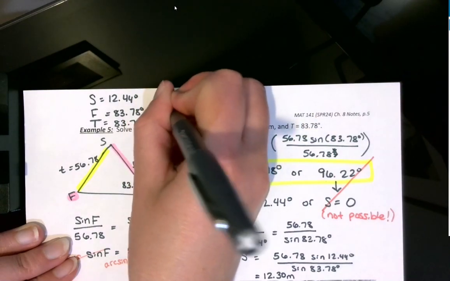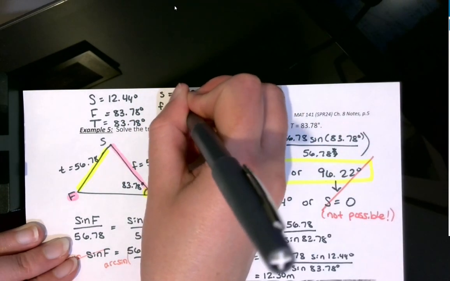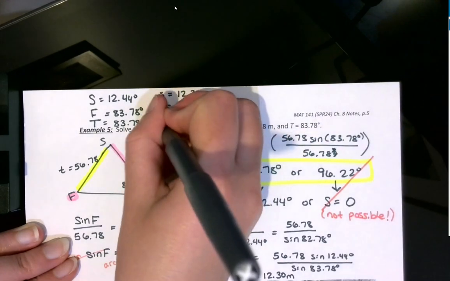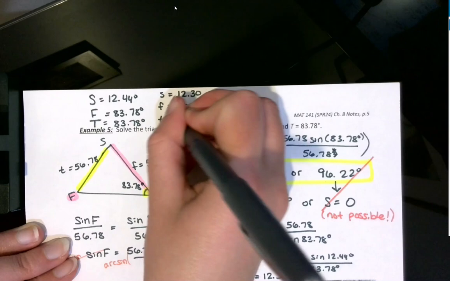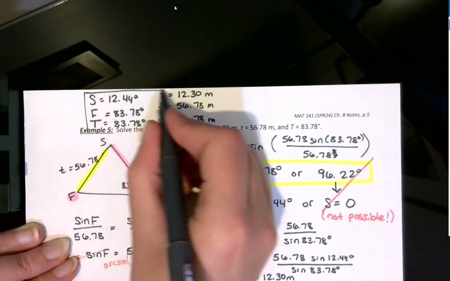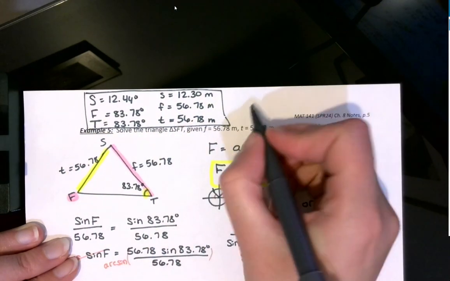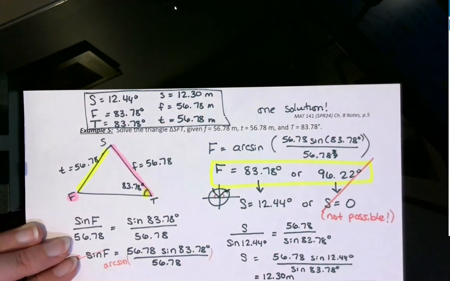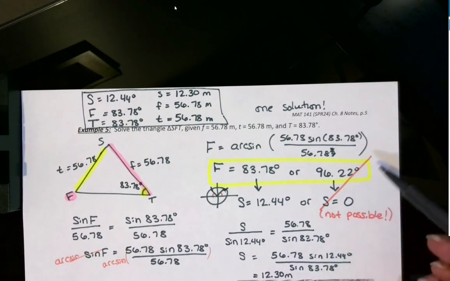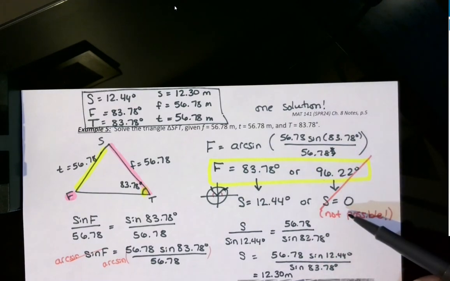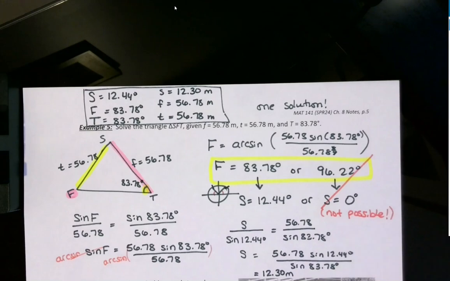Side F was given as 56.78 meters, and side T was given as 56.78 meters. And so this triangle has one solution. The other solution for angle F turned out to not work by virtue of giving us a measurement of 0 degrees for angle S.